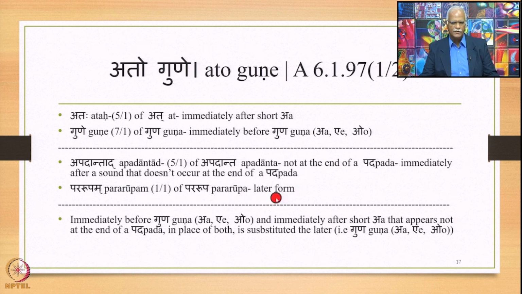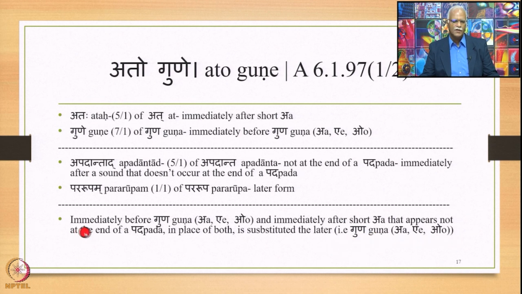All this put together, this sutra means immediately before guna, that is a, o, and immediately after short a, that appears not at the end of a pada. In place of both is substituted the latter, that is guna, a, and o.